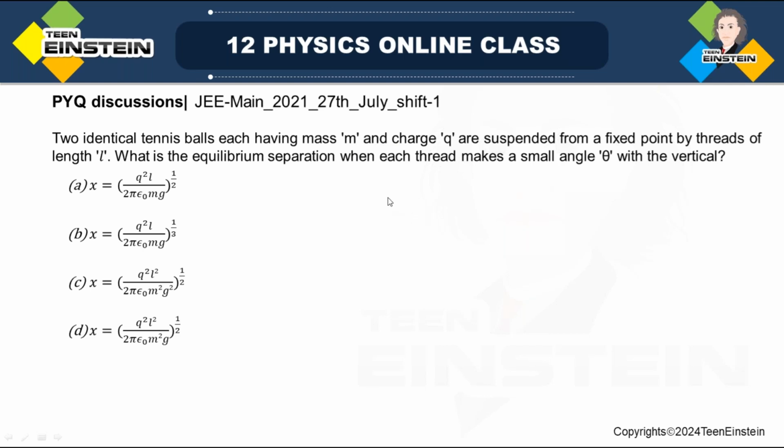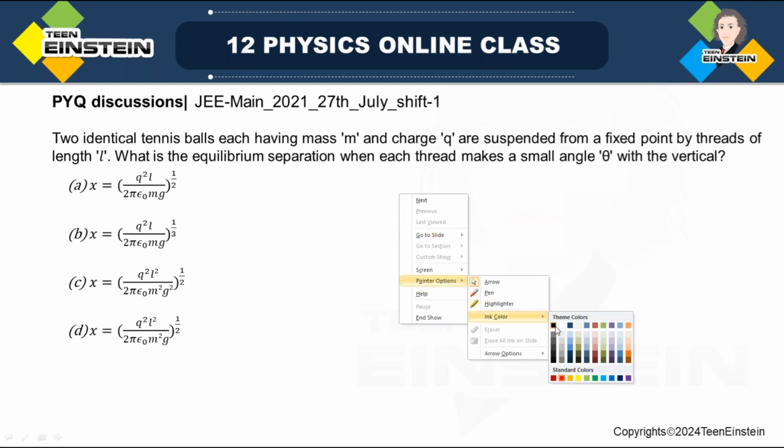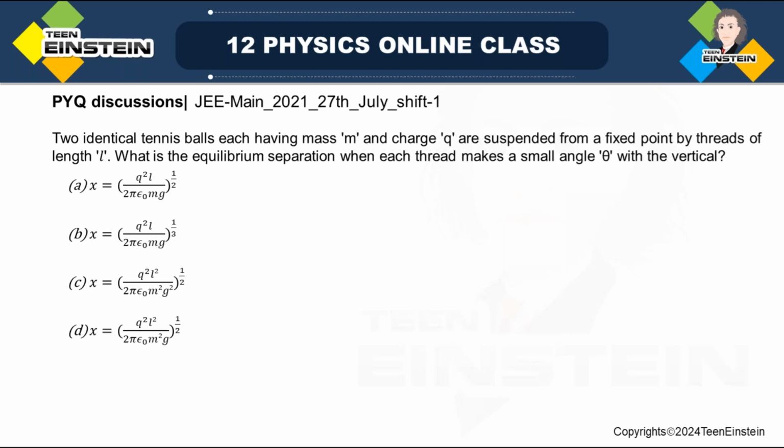Let us read the problem first and try to solve it. The question says, two identical tennis balls, each having mass m and charge q, are suspended from a fixed point by threads of length L. What is the equilibrium separation when each thread makes a small angle theta with the vertical?